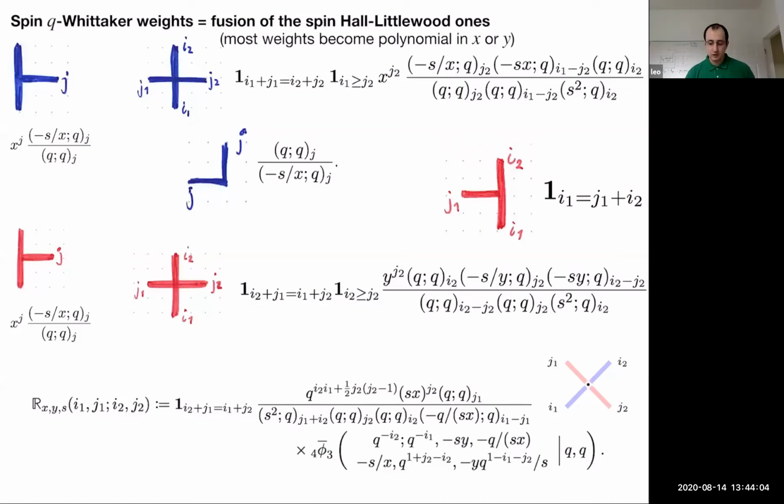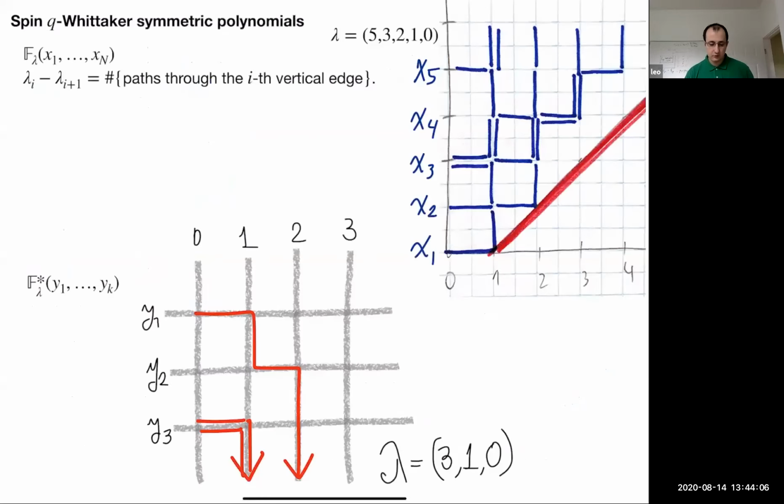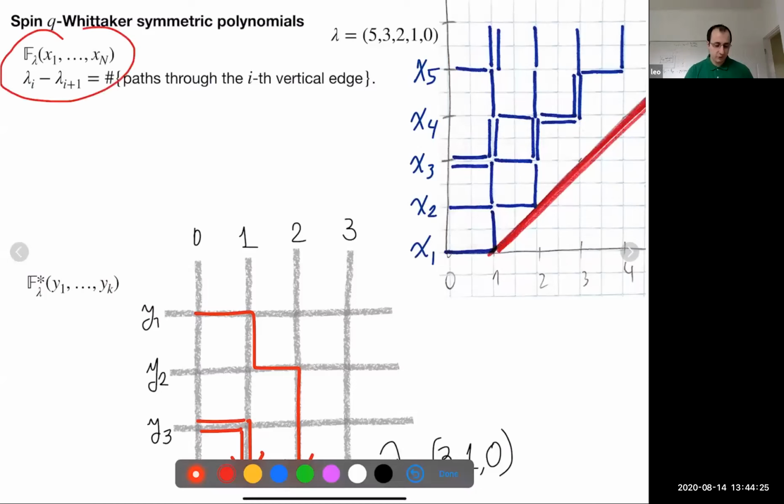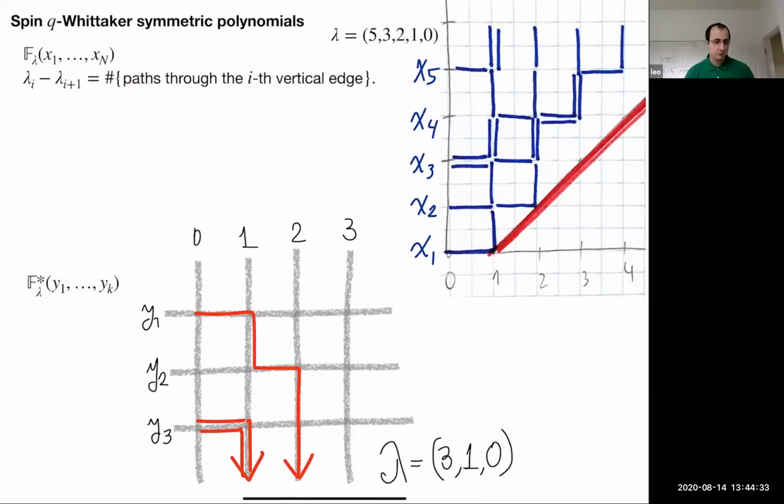So I'm going to briefly define spin-Q-Whittaker functions, or in fact they're polynomials because the weights are polynomials. Well, except the cross. So this f lambda is the spin-Q-Whittaker function, and then f star is the dual function, and they're defined as partition functions of layered row configurations.